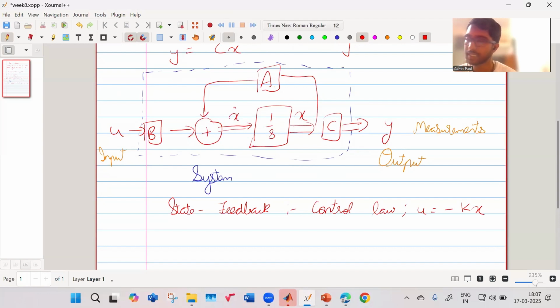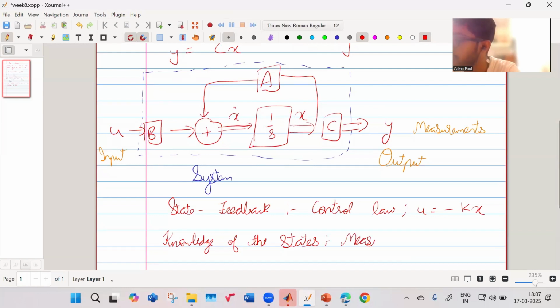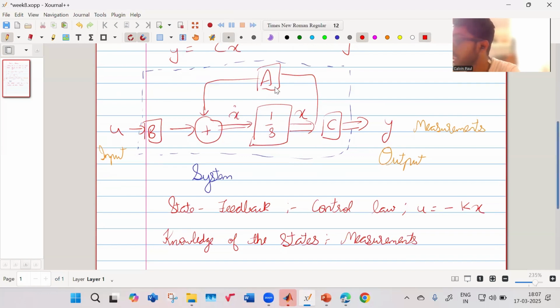So our u is equal to minus Kx. So this requires us to have the knowledge of the states. The knowledge of the states means we need to have the measurements of the states.